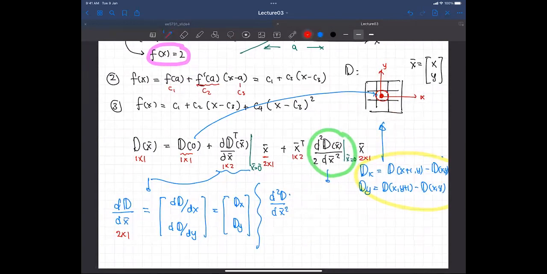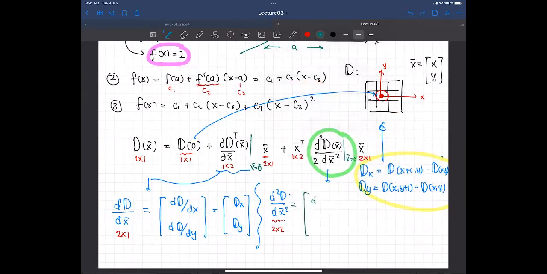What will be the dimensionality here? 2 by 2, because it's the second derivative. Okay. And this 2 by 2 equals to what?